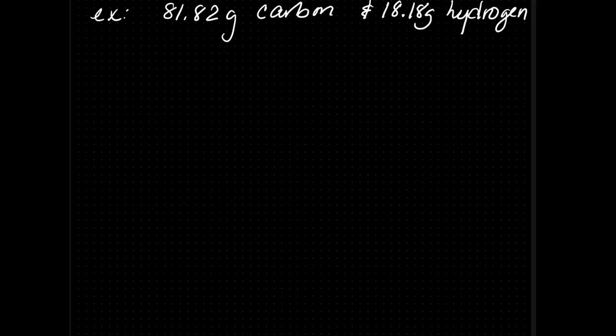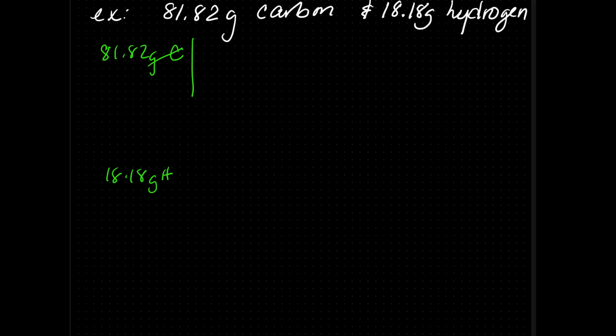Pause the video and try this problem on your own, and then check your answer. Just like the previous problem, this is already in grams, so we do not have to do the first line where it says convert percent to mass. So we're going to start with 81.82 grams of carbon, and I'm going to start with 18.18 grams of hydrogen. I'm going to convert my mass to moles using molar mass.